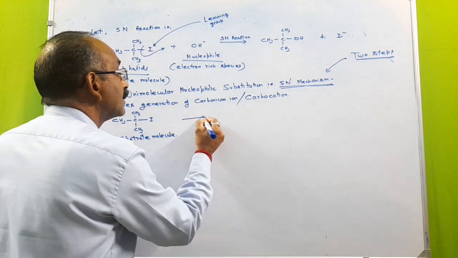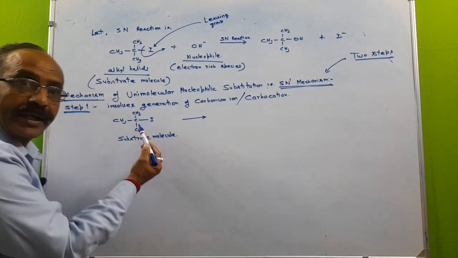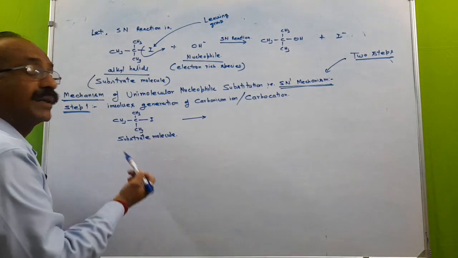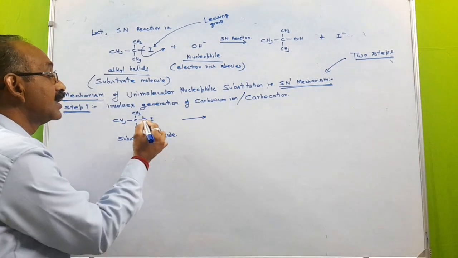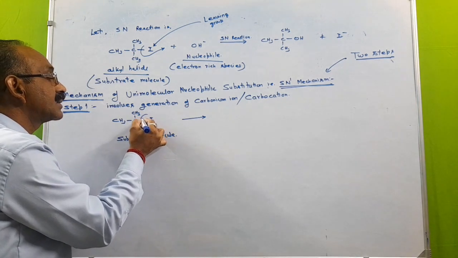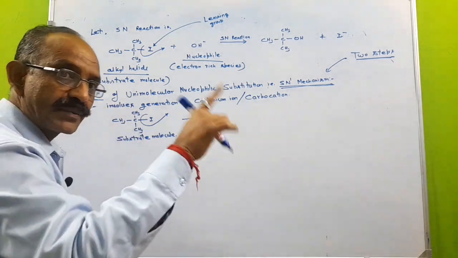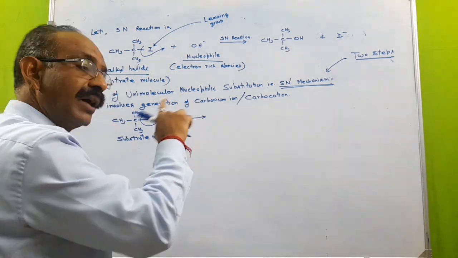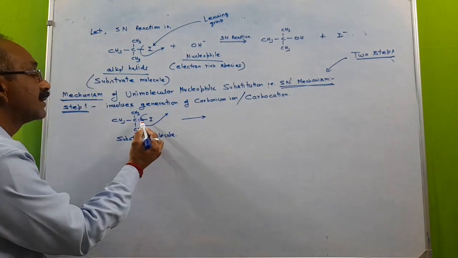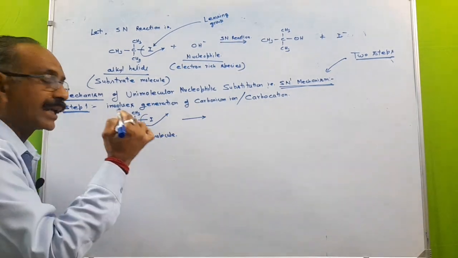And here, as we know that there's the difference in the electronegativities of the carbon and halogen. So here heterolytic breaking occurs and this halogen sets free in the form of the halide ion, by taking both the electrons of the shared pair of electrons.